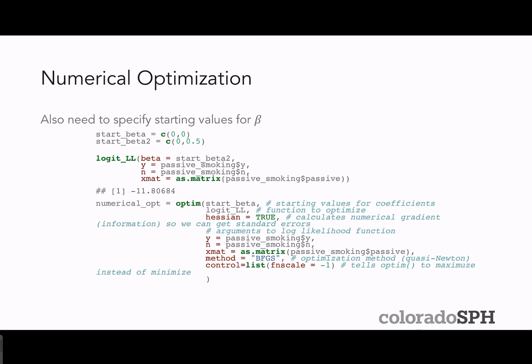Okay, so how do we use this to actually calculate? How do we use this in a numerical optimization algorithm to actually give us an estimate of our betas?